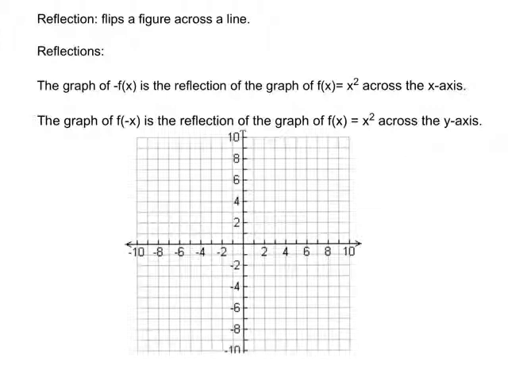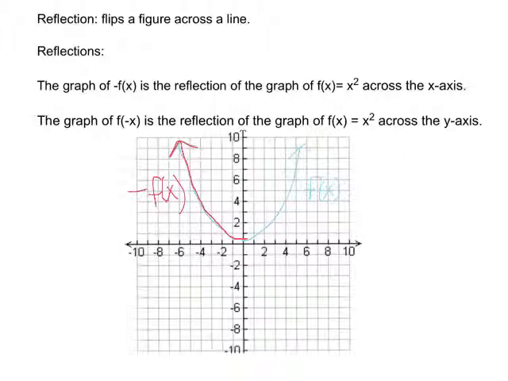So let's draw a picture just to demonstrate this first part. If this line represents my f of x, then this line over here, and I'm going to make that in red instead, just so that we have something different, represents negative f of x. So I flipped that over across the x-axis.